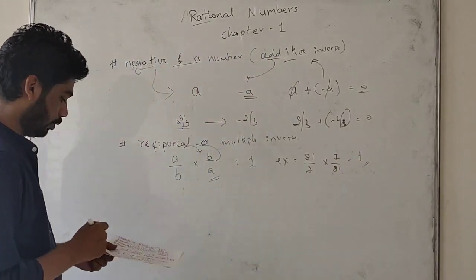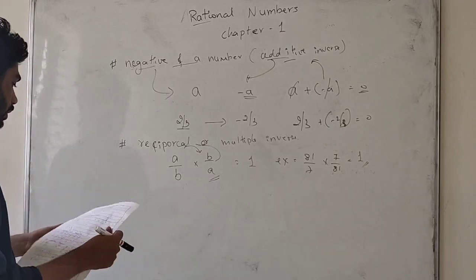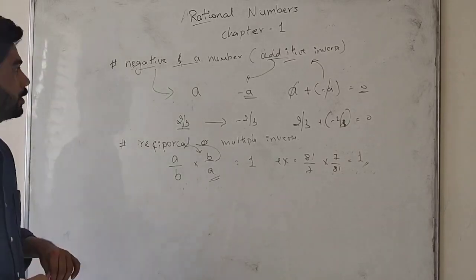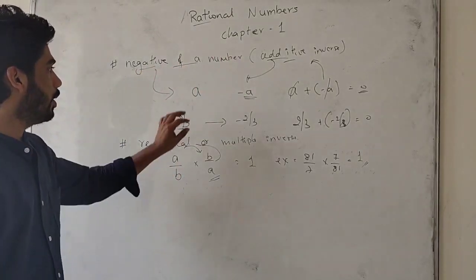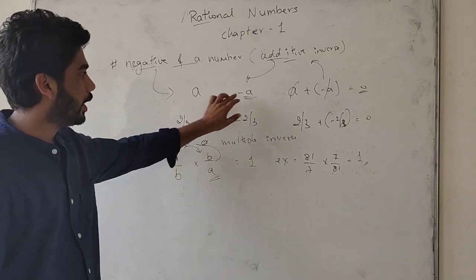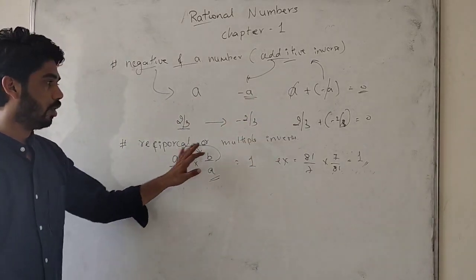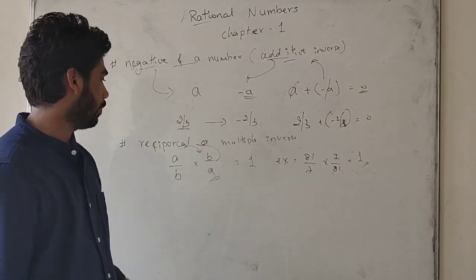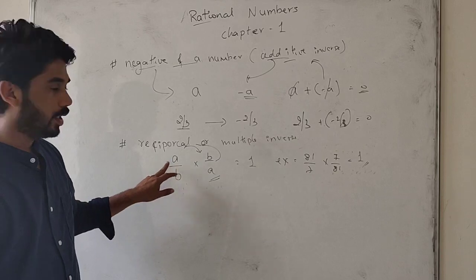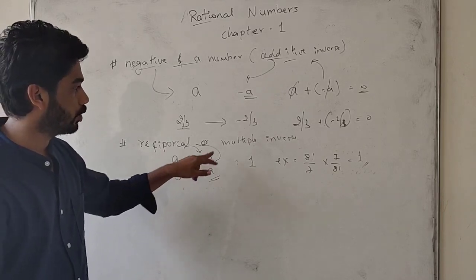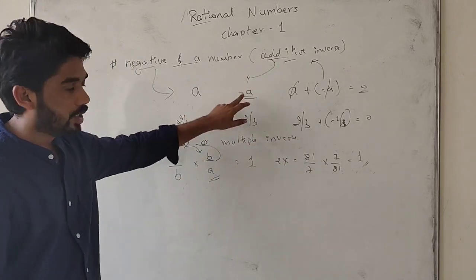So friends, students, now we got it. One more time: negative of a number means changing the sign of the number. Reciprocal or multiplicative inverse means if we invert the rational number, it is called the reciprocal or multiplicative inverse. Additive inverse means if we change the sign.